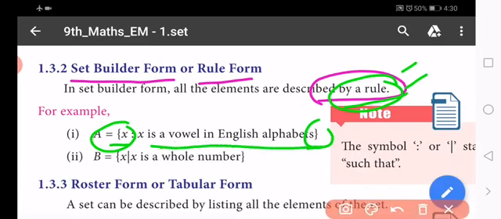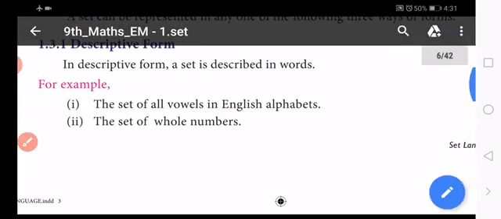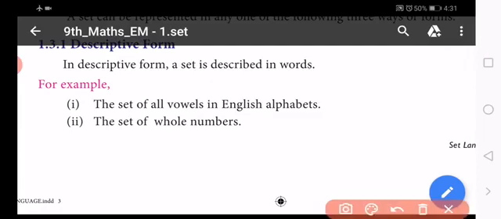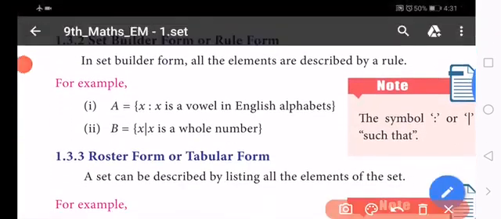x is a vowel in English alphabets. In the first form, descriptive form, the same example is given: the set of all vowels in English alphabets. The same example is converted into the set builder form.